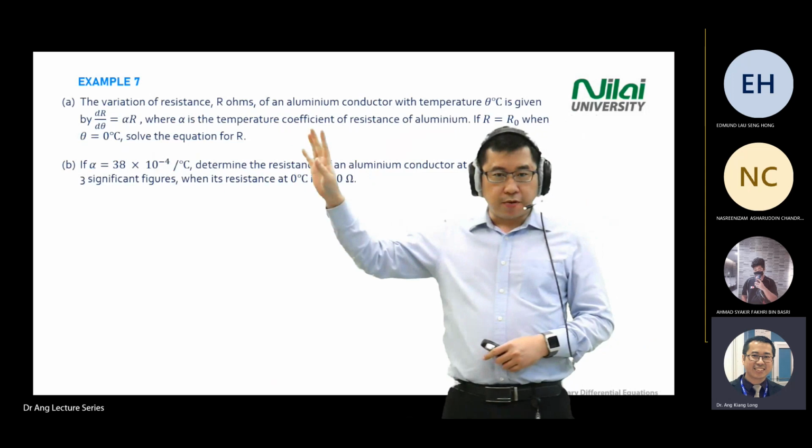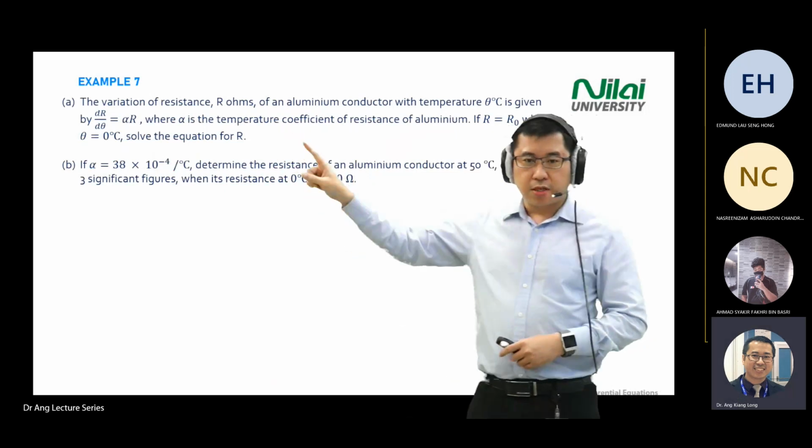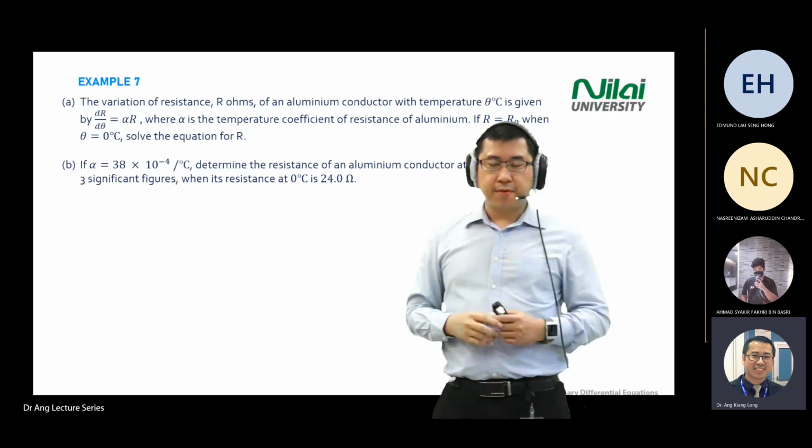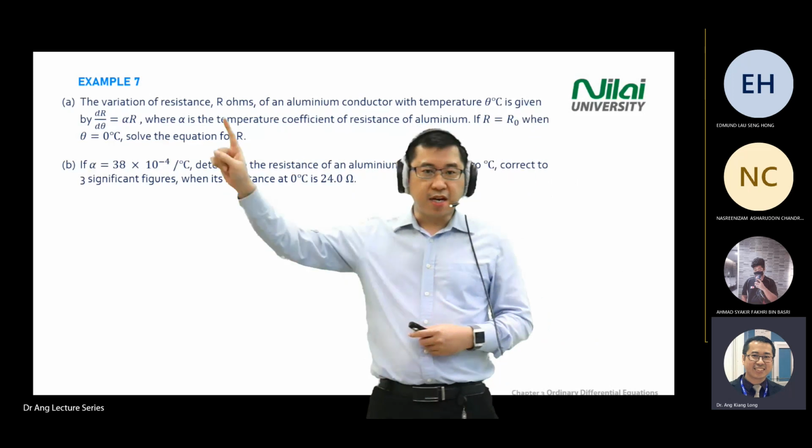So I hope you can read what is on my board here. What we have here is a statement. This statement is the variation of a resistance R in ohm.